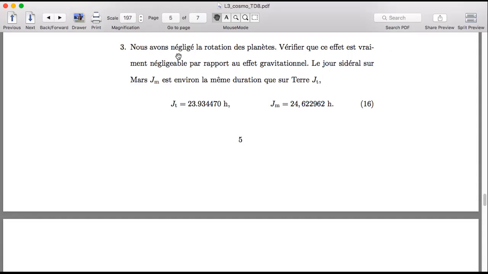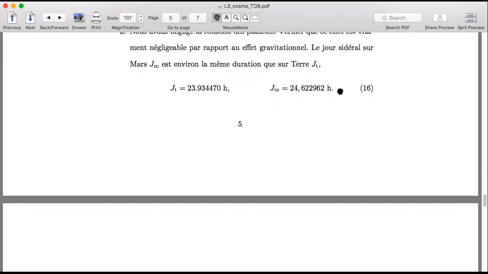Let's read the question. We've ignored the effect of rotation of the planets. Let's verify that this effect is negligible with respect to the gravitational field. I guess it's not stated very clearly. I should have said we've ignored the rotation of the planets on the clocks, and we're not going to take into account the effect on gravitation, but we're going to take into account the movement of the clocks in our calculation.